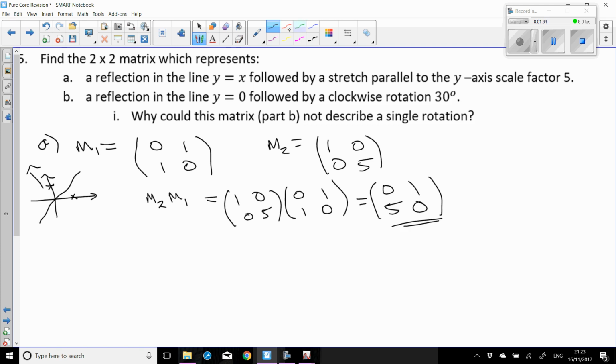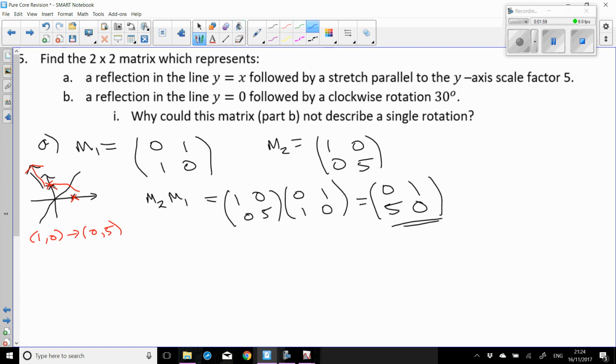The other way is to get that directly by thinking about where the points (1, 0) and (0, 1) go. So the point (1, 0) gets reflected in the line y equals x and then gets stretched by the stretch scale factor 5. So overall, the point (1, 0) goes to (0, 5).